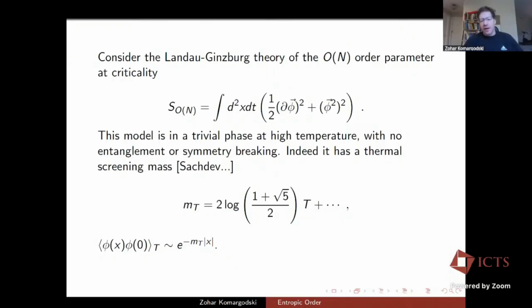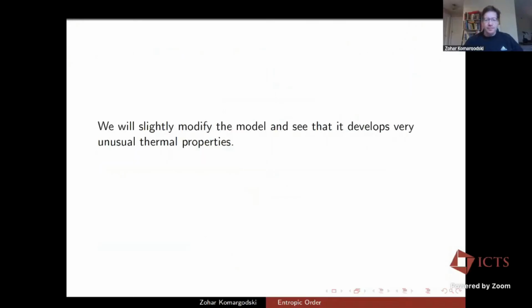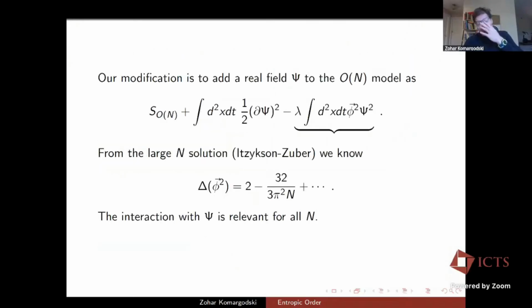Today I'll show you a variant of that model. It's not the ordinary O(N) magnet. I'll show you a magnet that in condensed matter is called the biconical magnet that shockingly does magnetize at infinite temperature. So what is the construction? You start from the O(N) model and you add another degree of freedom, which you call psi, and it has a kinetic term in Landau-Ginzburg.